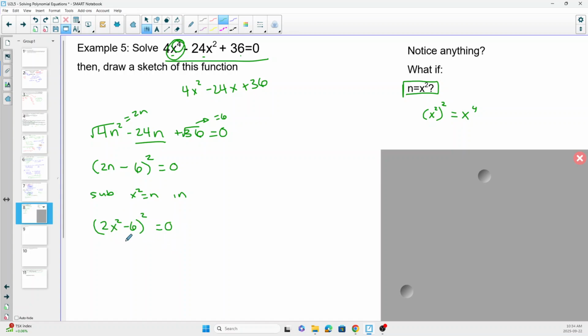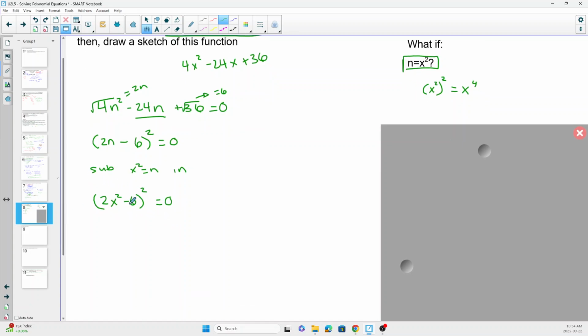So to solve this, remember that this square just tells us the order, but this square is different. We want to know if whatever is in this bracket becomes 0, the whole function becomes 0. So we need to say, okay, when is 2x squared minus 6 equal to 0? Inside the brackets, when the factor is equal to 0. So we use opposite operations.